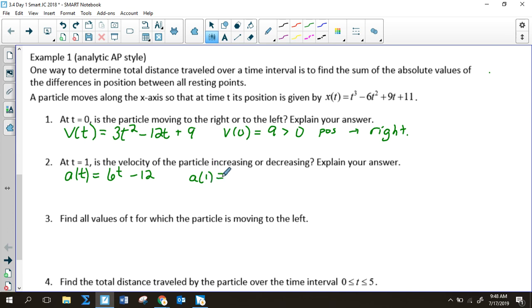Substituting 1 in, 6 minus 12 is negative 6. So since this is negative acceleration, we know that the velocity is decreasing.